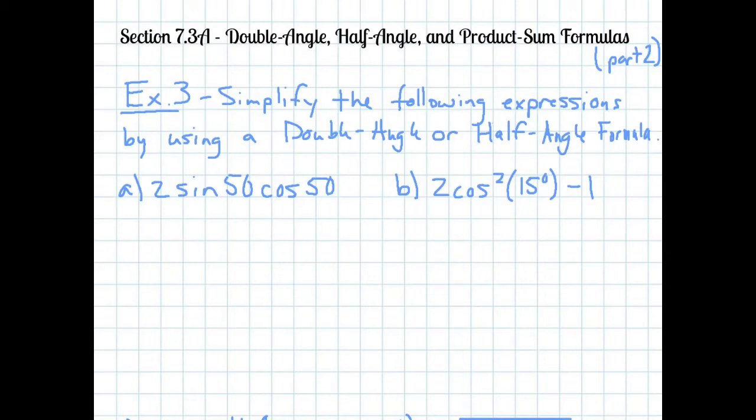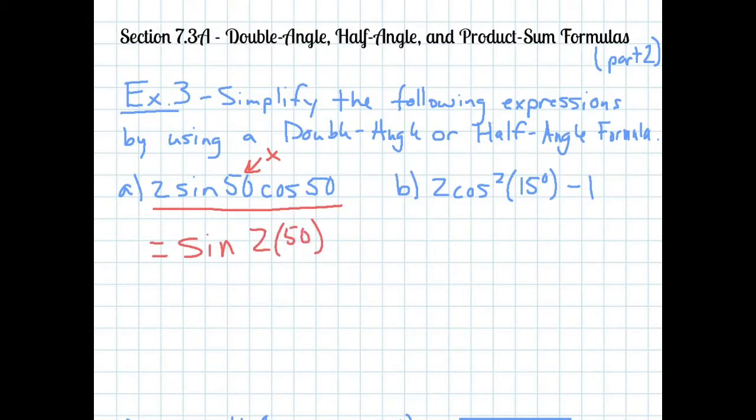Well, now I want to take notice of what I'm given. So I have 2 sine of 50, cosine of 50, and now I notice that there's a 2 times a sine of some number times a cosine of that same number. So looking at my formulas, that looks like the sine formula for a double angle. And so this would be my x, the 50, and so now I put it into my double angle one.